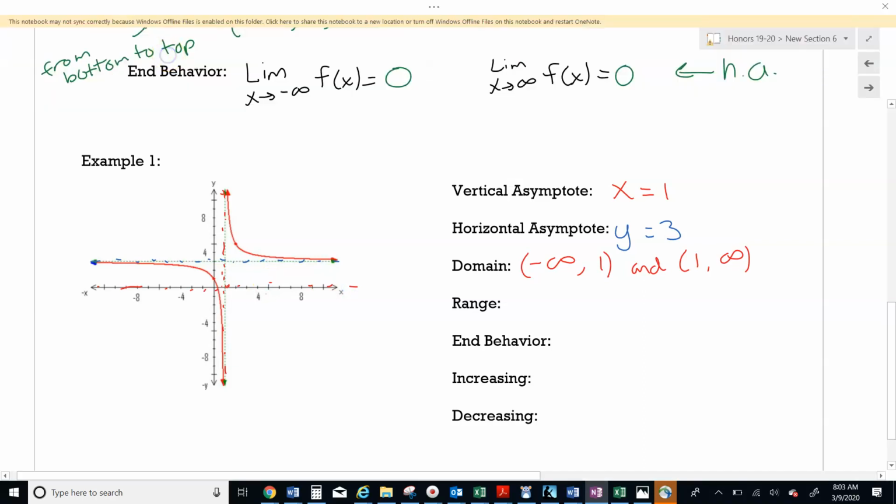Okay. Same idea for my range. It's going to start at negative infinity and go up until I get to that horizontal asymptote, which is at 3. And then keep moving on.